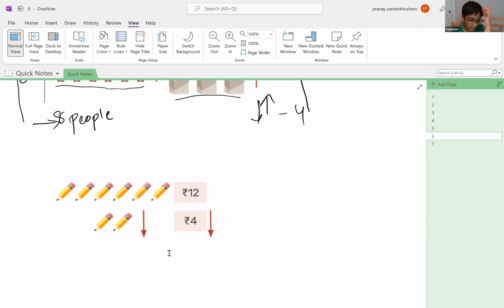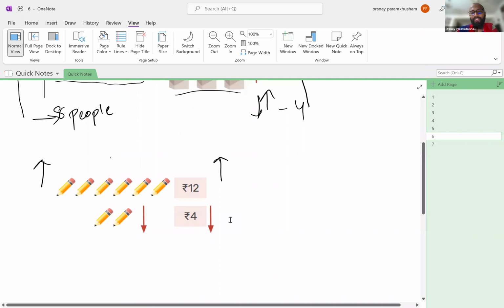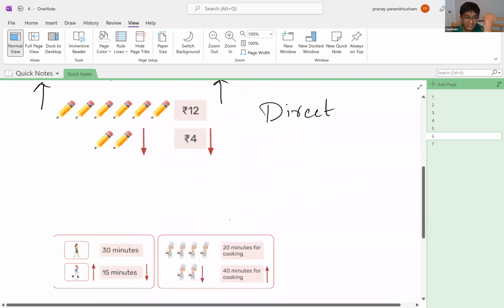Another pencil equals an extra 2 rupees. If the pencils increase, what about the price? If you add another pencil, that equals another 2 rupees. So this one is also direct. Okay. Let's see the next one.